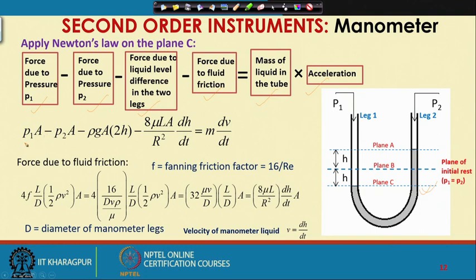Force due to pressure P1 is P1 times the cross sectional area of the tube, so P1 into A. Similarly, force due to pressure P2 is P2 times the cross sectional area, P2 A. Force due to liquid level difference in the two legs is rho g A into 2H, that is, volume times density times acceleration due to gravity.